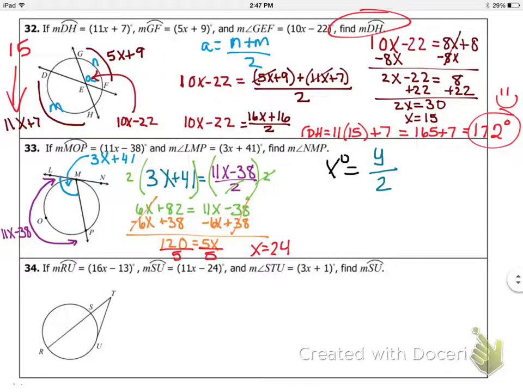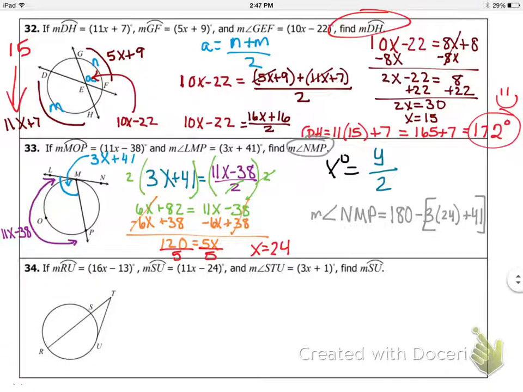I'm seeing that angle NMP is supplementary with angle LMP. That means if I take LMP away from 180, my 3x plus 41, then that's what I should get left over, that angle NMP, what we're looking for.